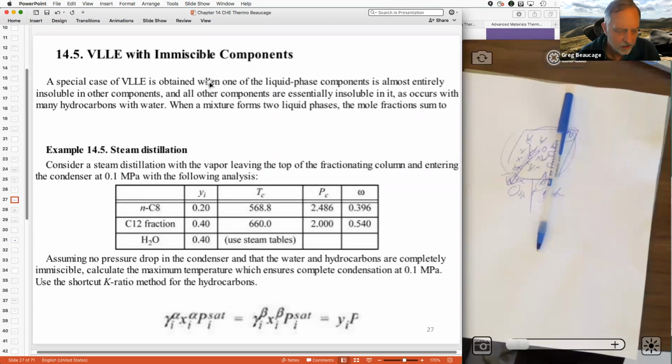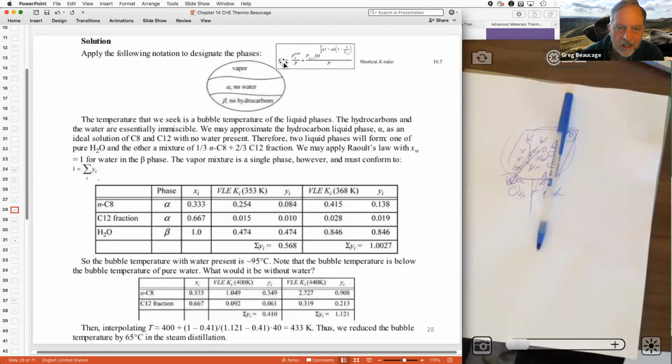So it's a special case, where it's immiscible in the liquid phase, and then steam distillation. So these are the y's, the vapor phase, when it comes off, is 40% water, and then 60% of these organics in a 2-to-1 ratio, right? And then these are the critical temperatures. So with the critical temperatures, you can calculate the K ratio from the p sat shortcut method.